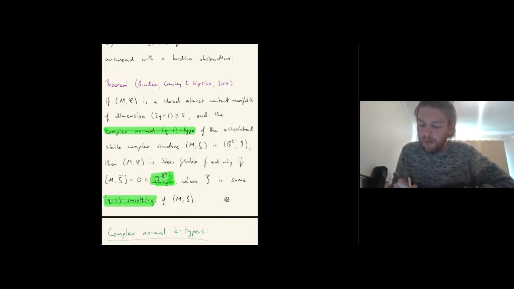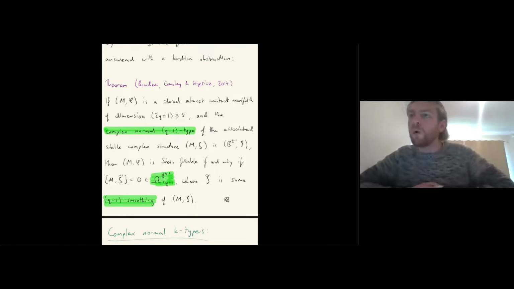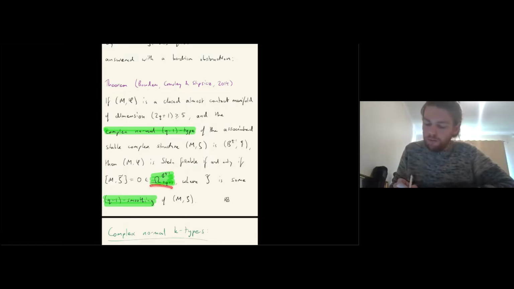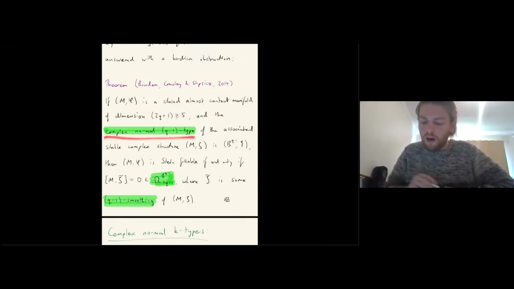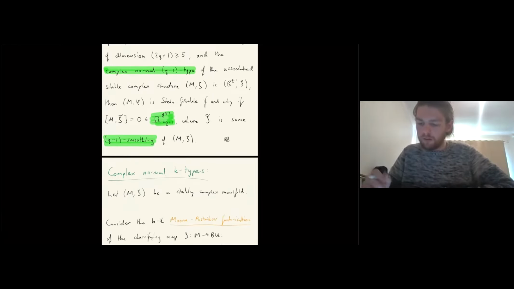From this complex normal k-type you get an associated bordism group, and the bordism obstruction to Stein fillability lives in this bordism group. So I'll define what these invariants are, and then we'll circle back and have another look at this theorem.